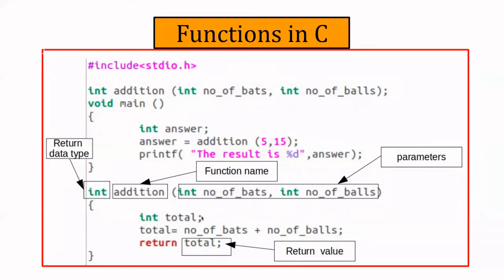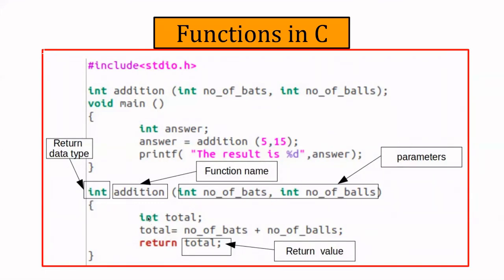In this function, the total variable is local to this function. We can use this total only within this function. We can't get the result of this total value here in the main function. It is local to this function.